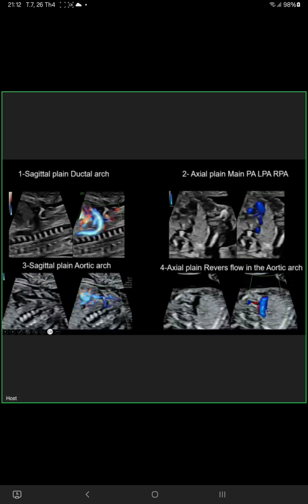On the sagittal plane, just this vessel, this is the aortic arch. Dysmorphic, small. Diagnosis: early appearance of coarctation with asymmetry of the four-chamber view. And there you can see reverse flow in the small aorta.